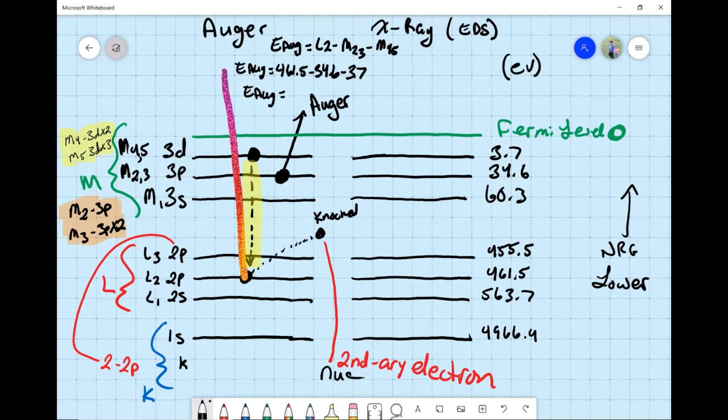Doo-doo-doo-doo. Gonna give you a soundtrack while I'm using my cell phone to calculate stuff again. That's always fun. 461.5 minus 34.6 minus 3.7 equals, I got 423.2. So our Auger energy is 423.2 electron volts.